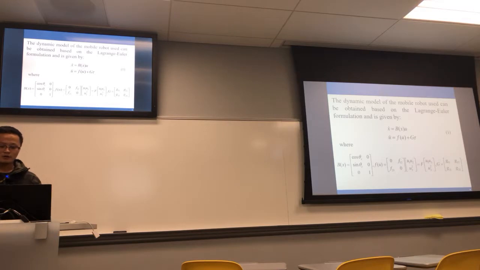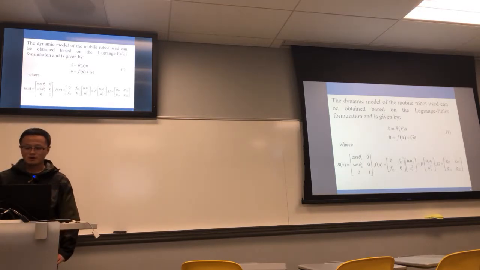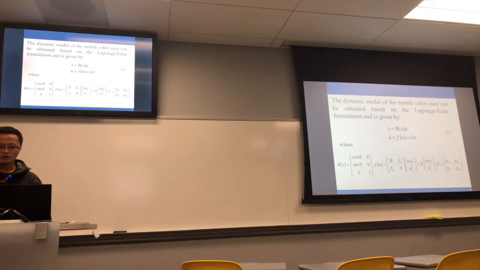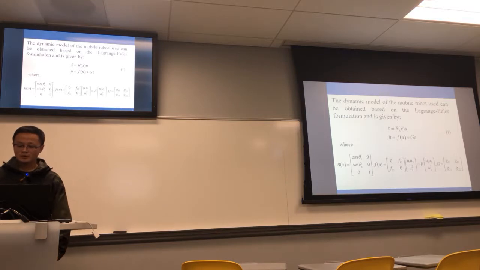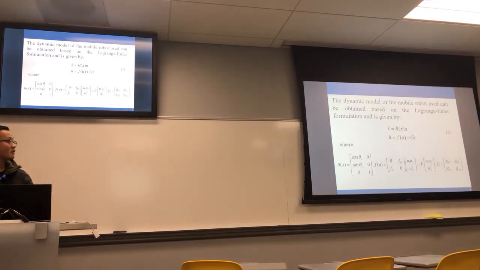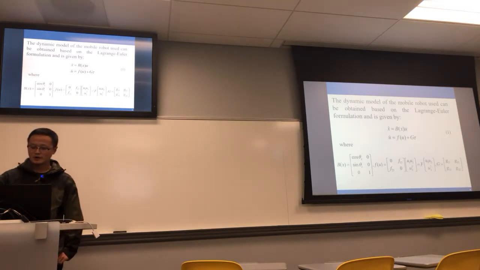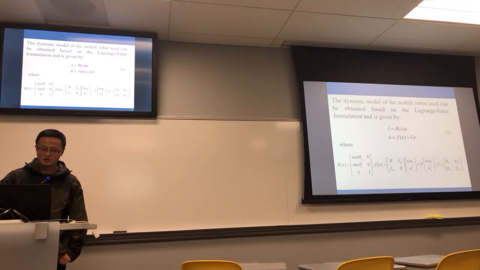Here, U is the vector of the linear and angular velocities of the robot, and tau is the vector of input torques on the wheels. B, X, F, U and G are shown here. They are the kinematic and dynamic parameter properties of the robot.